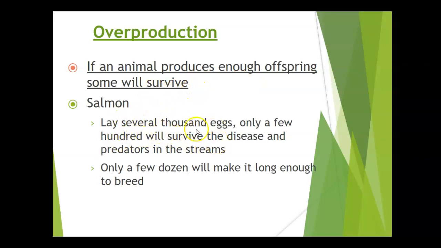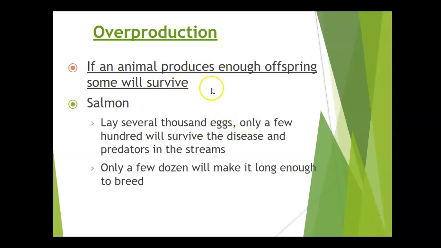The example given to you is the salmon, a type of fish. They will lay several thousand eggs, but of the 5 or 6 thousand eggs that they produce, only 100 or 200, about 5%, may survive. And if a salmon only laid a few hundred eggs, then you can see how that can lead to the end of the species.